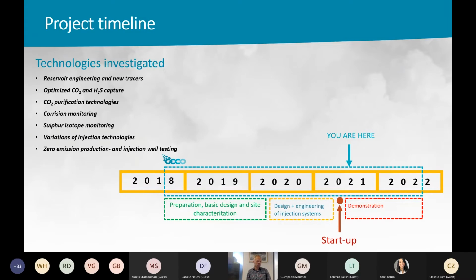We have been looking into different purification technologies to deliver pure CO2 to customers. We are looking into new and automated corrosion monitoring methods for the fluids, especially for the fluids that we are injecting into the ground, so we can optimize the casing and the piping infrastructure of the geothermal plants.